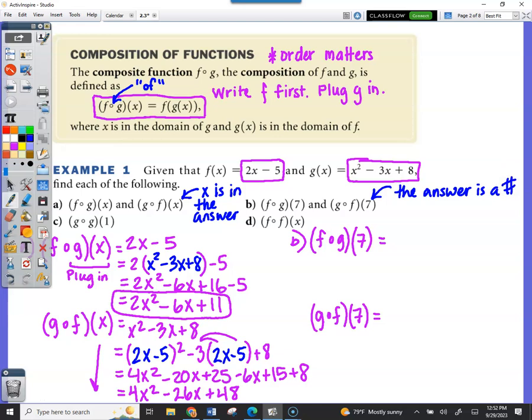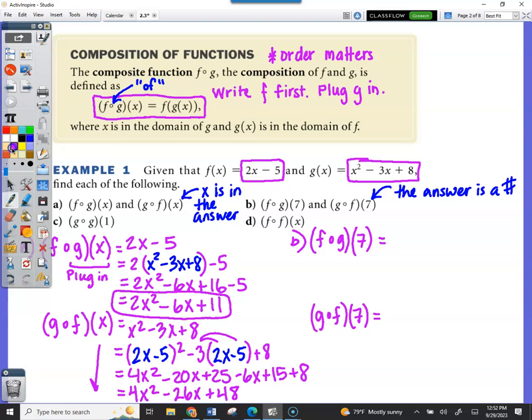So notice the difference between the two. If I say find something of x, it means your answer is an expression, like with x in it. If I say find something of a number, then your answer is a number. Okay?